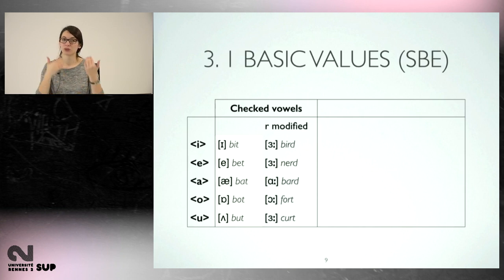The reason why I'm explaining all this is that it might be useful for you to have a good representation of what happens when you articulate these vowels, and to show you that the actual pronunciation and the modification of the basic checked value is not random.